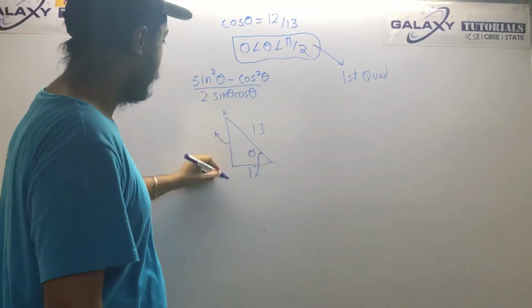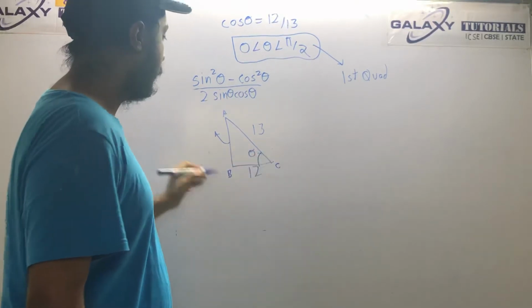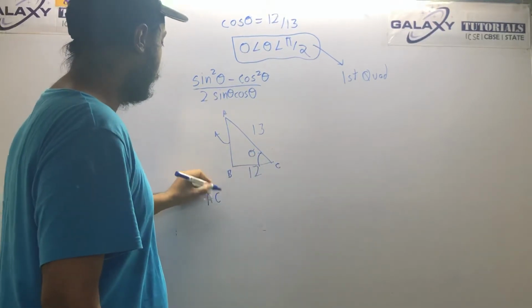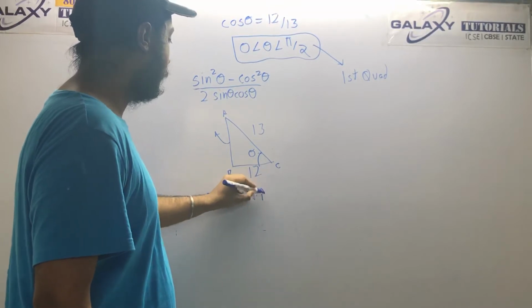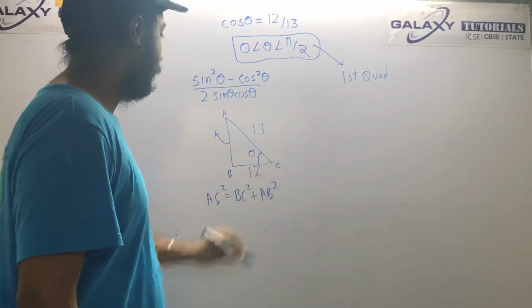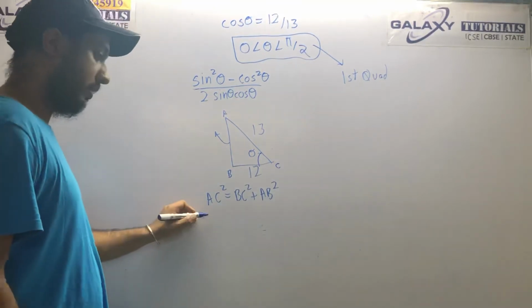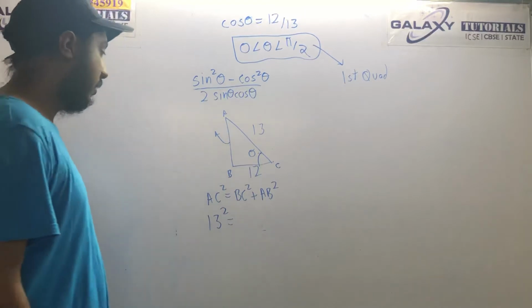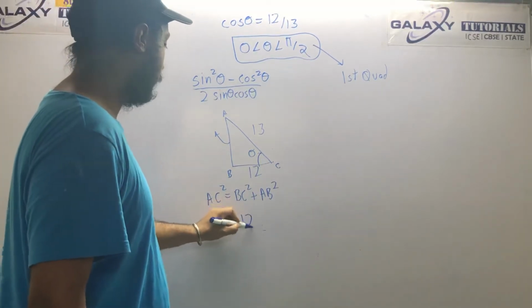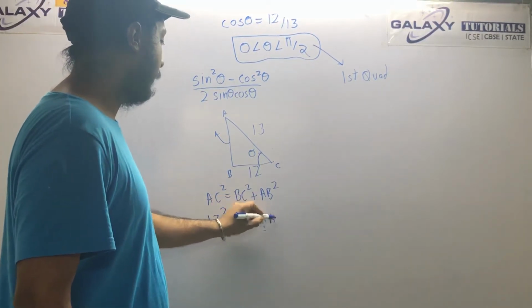Okay, A, B, C. So AC square is equal to BC square plus AB square. AC square will be 13 square. AC is 13, right? BC square will be 12 square, and AB square you have to find out.